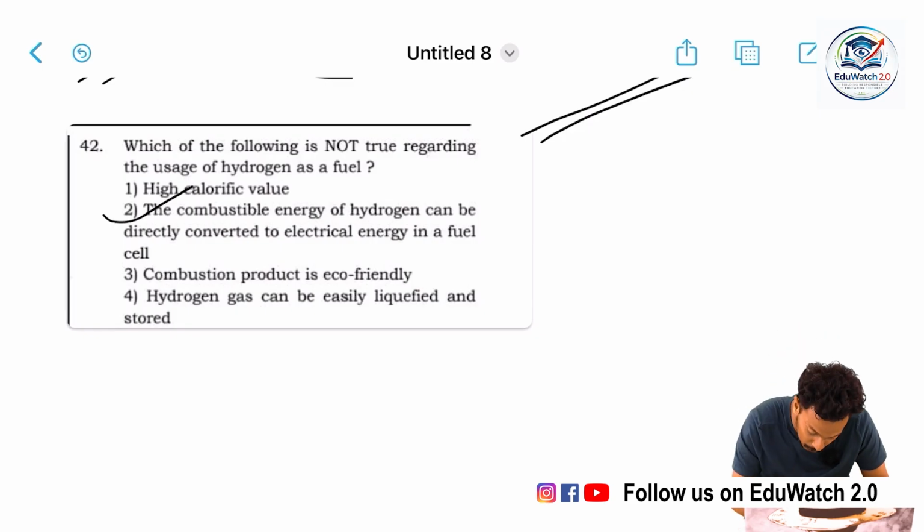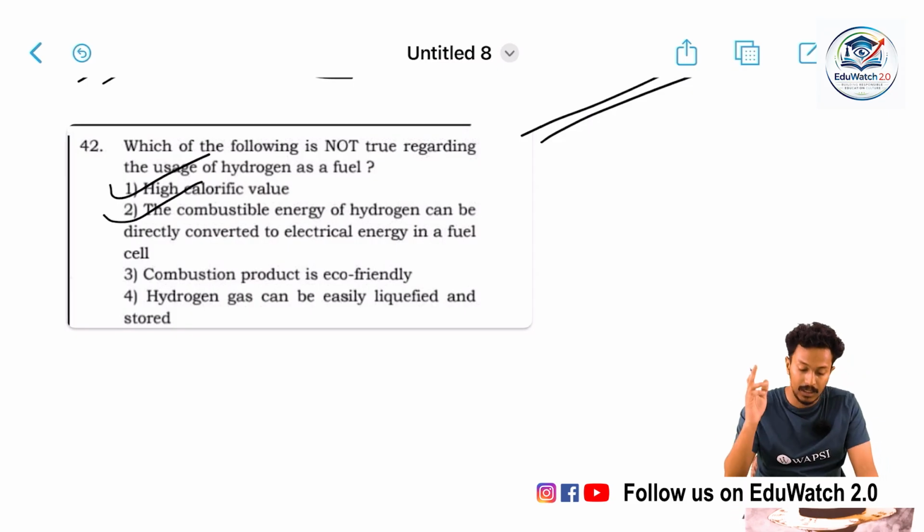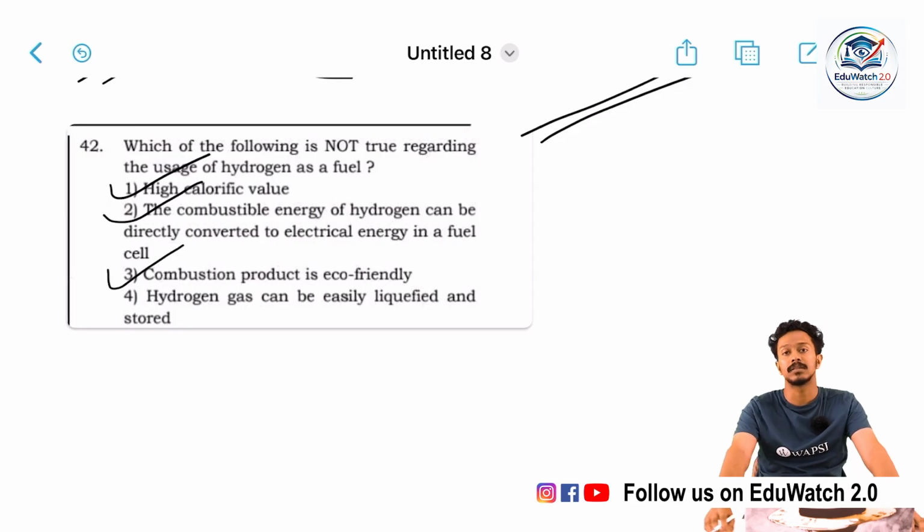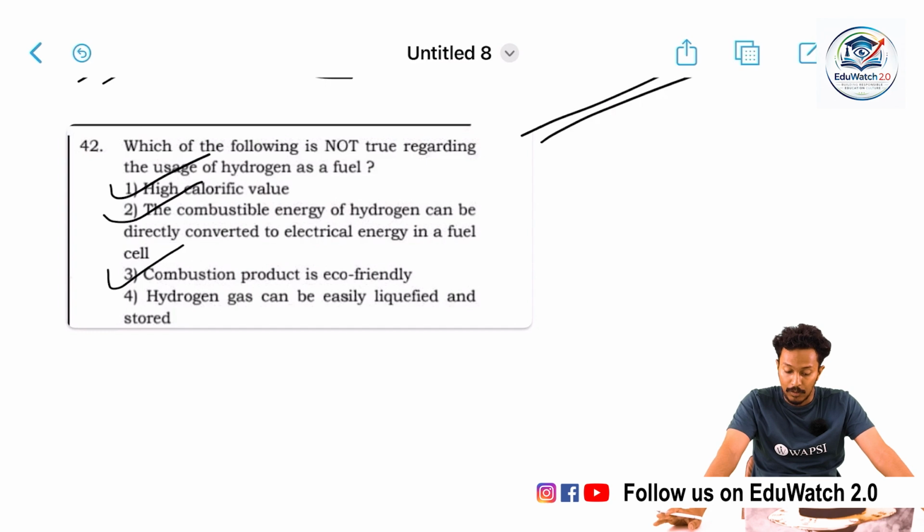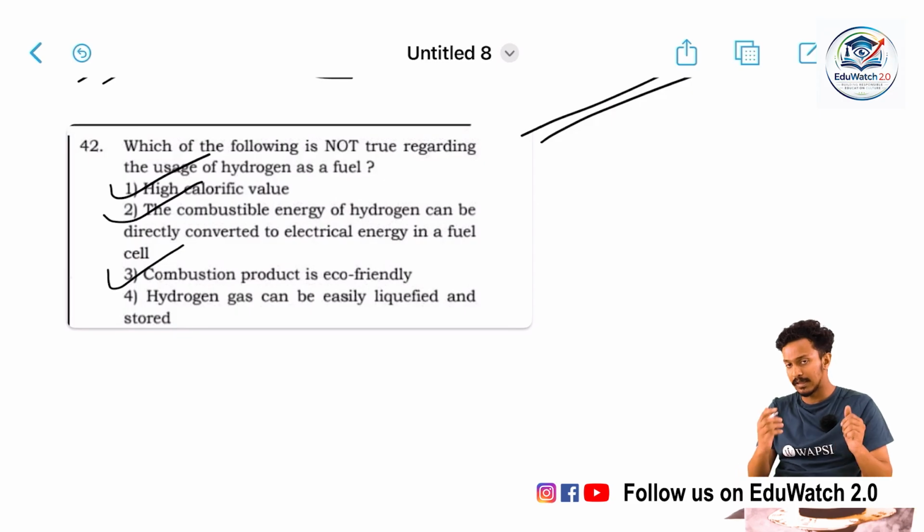That is also a true fact about hydrogen as a fuel. Combustion product is eco-friendly. As we all know, hydrogen is the most eco-friendly fuel in the present world. We are true about all these facts. We will move on to the last one, which is probably the correct option for this question.